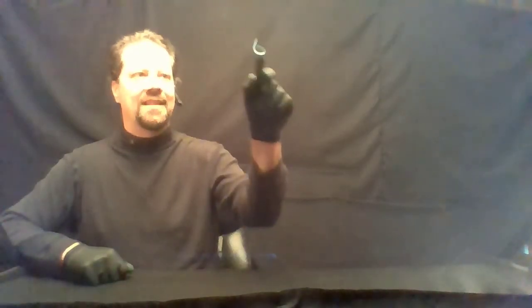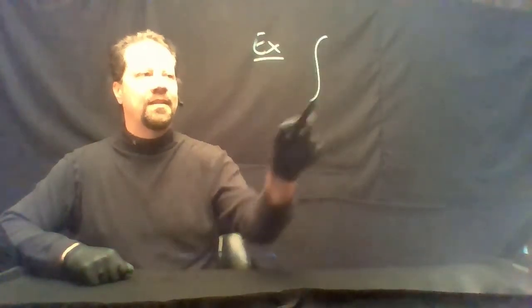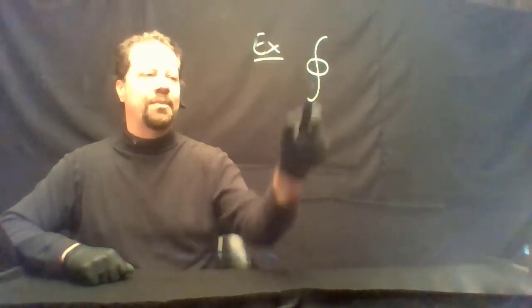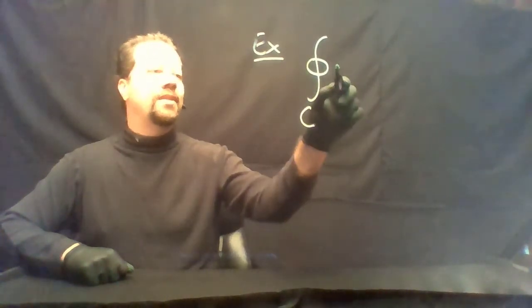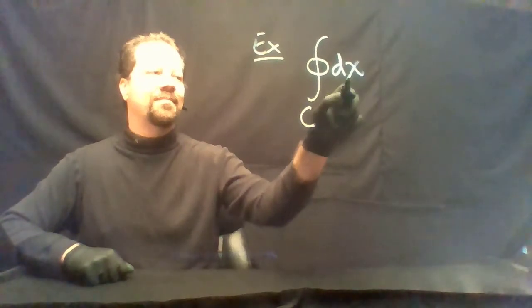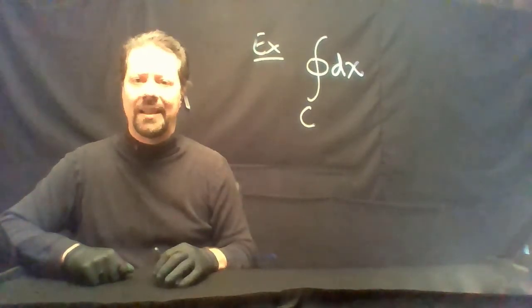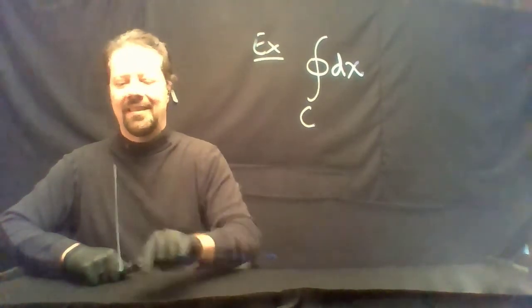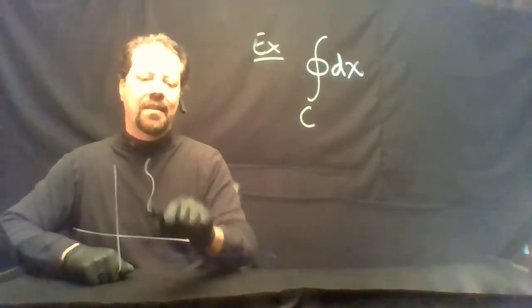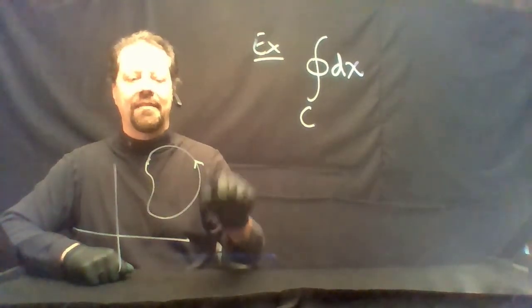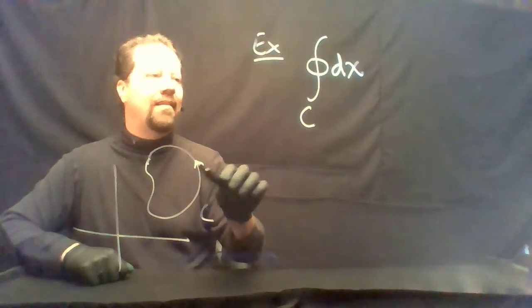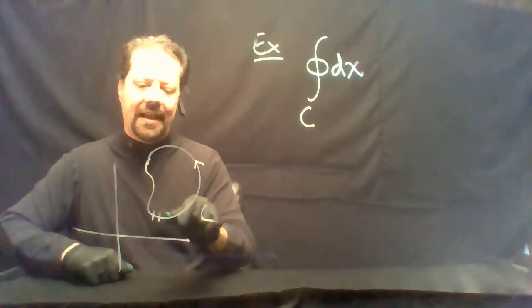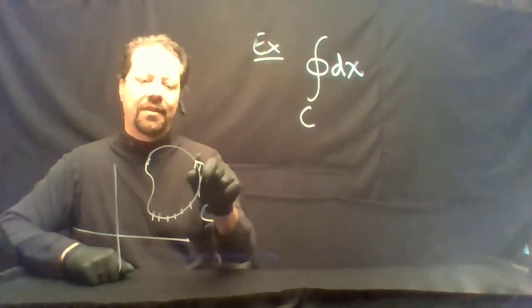Now I want to give you an example. Suppose I'm integrating on a closed loop, just dx. What should I get? There's a couple ways to view this. If c is just some closed path, then I'm adding up changes in x all the way around the curve.